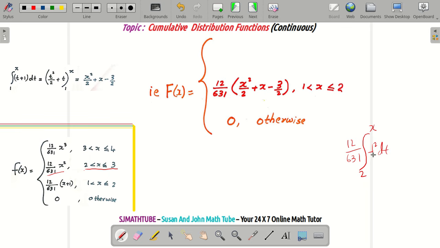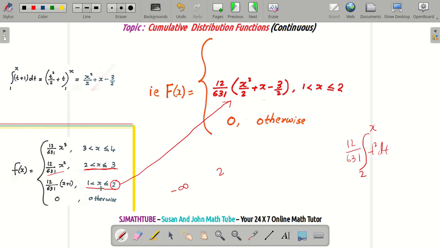But wait a minute, this is the accumulation from 2 to 3, but we have already accumulated from 1 to 2. So what I do is I'll use the end point 2 in this function, so that I'll get the sum of the probability from minus infinity to 2.